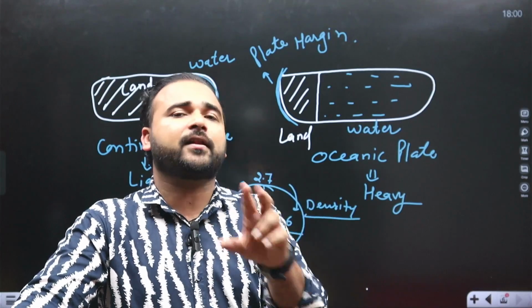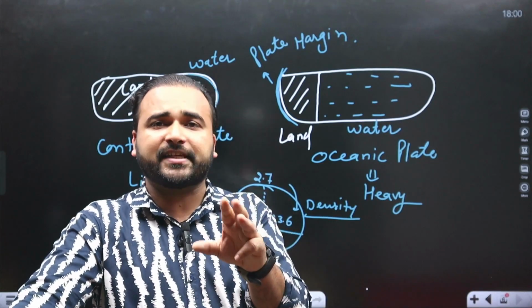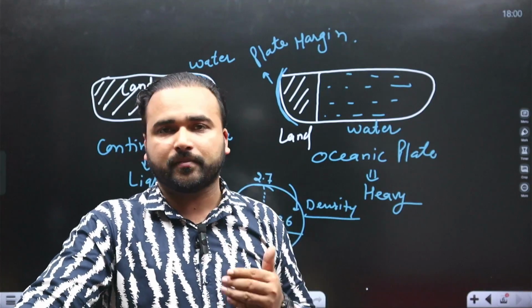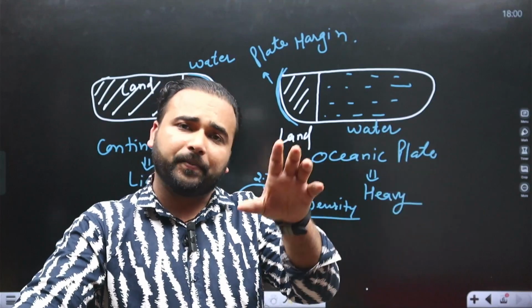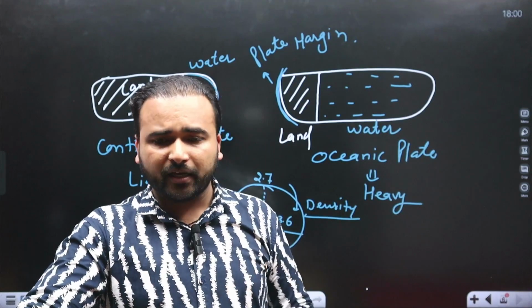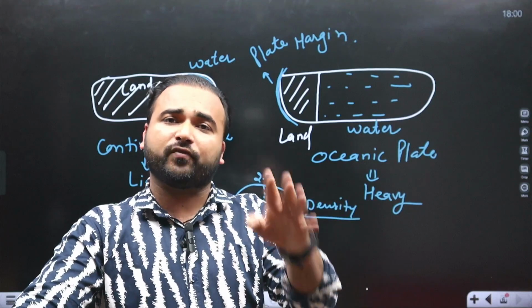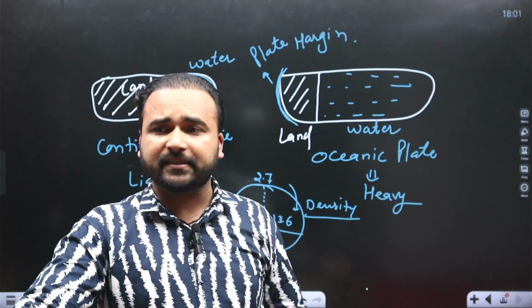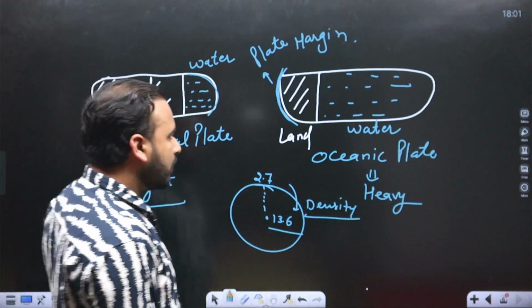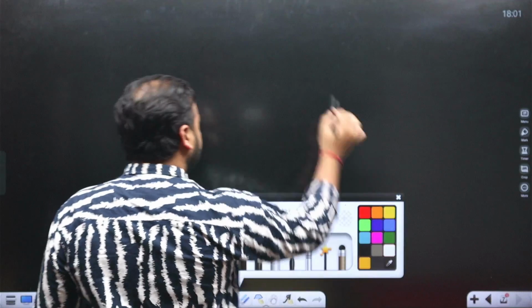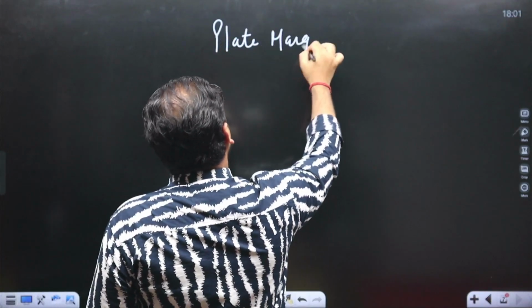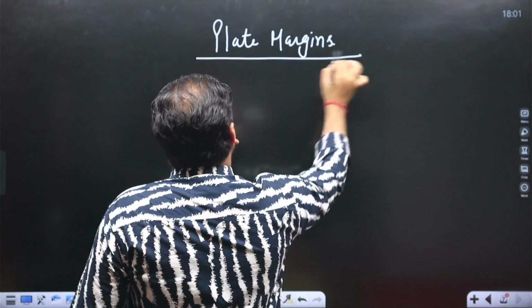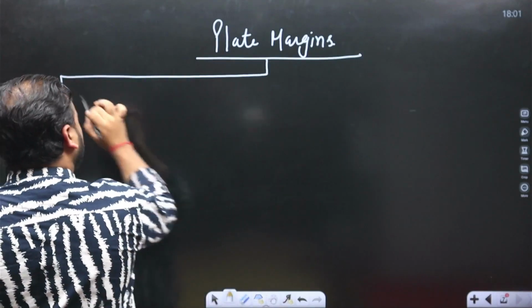So the main thing in plate tectonics is the plate margins, because all the processes are found along the plate margin. Plate margins are of three types.